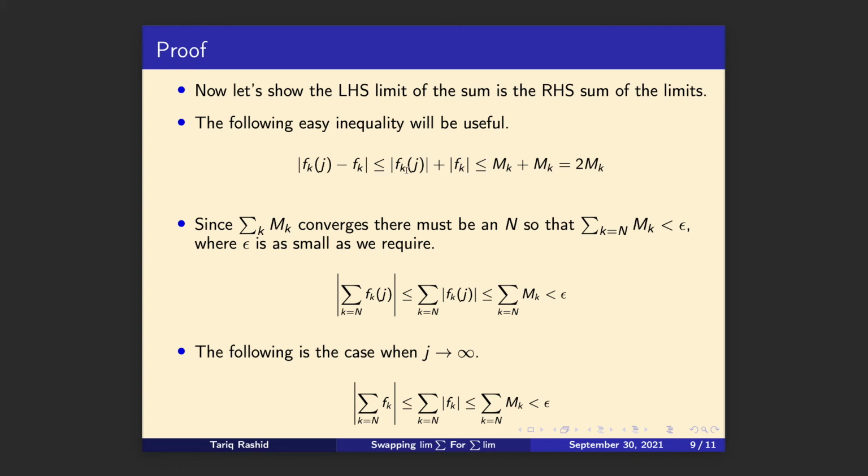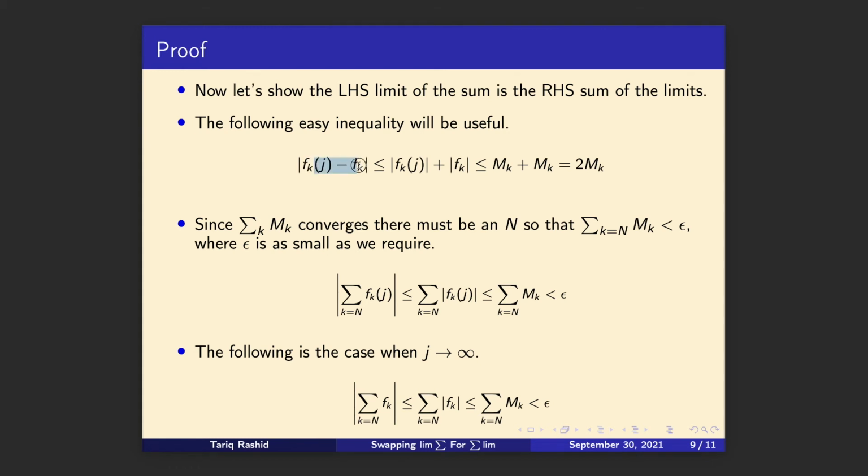Great. So what we're saying here, that fkj minus fk, and remember this is almost the difference between the terms and the limit fk. fk is the limit as j goes to infinity. So this is almost like an error term in some sense, or the difference term.